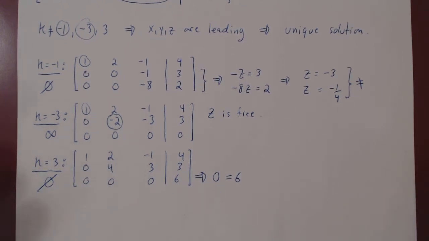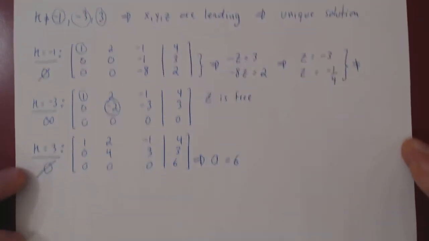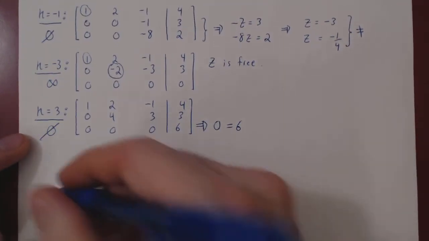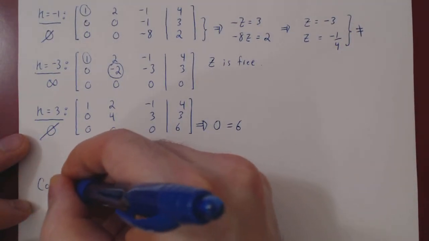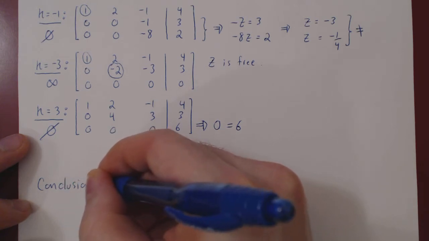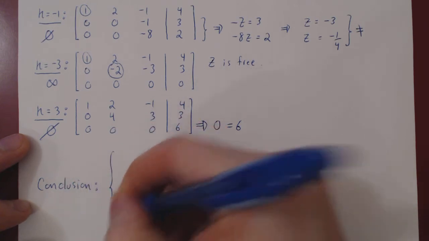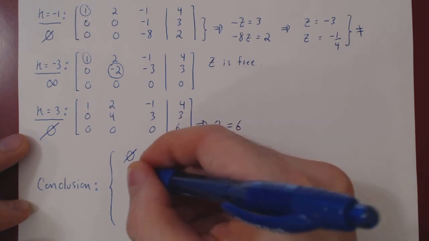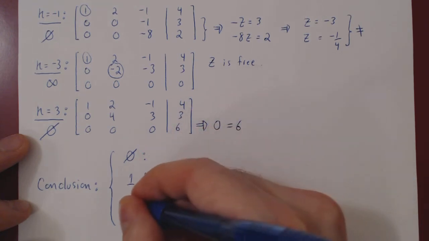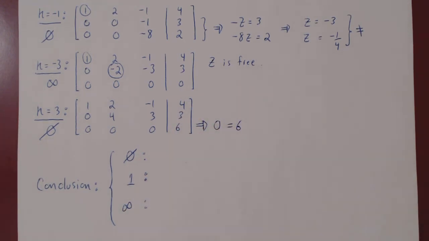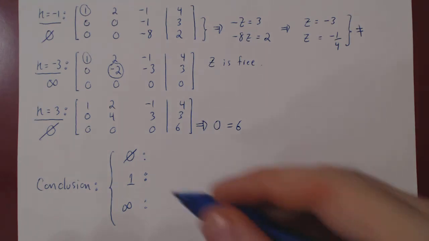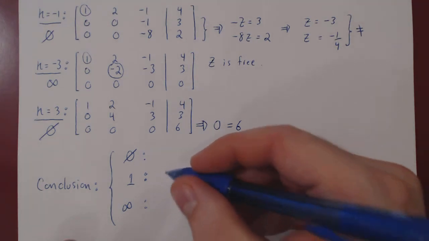We can finally write a proper conclusion. So what do we have? No solution, a unique solution, or an infinite number of solutions. Let's handle first unique solutions.